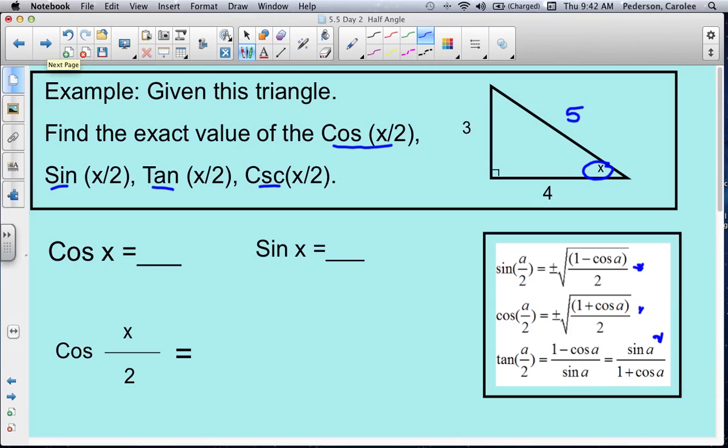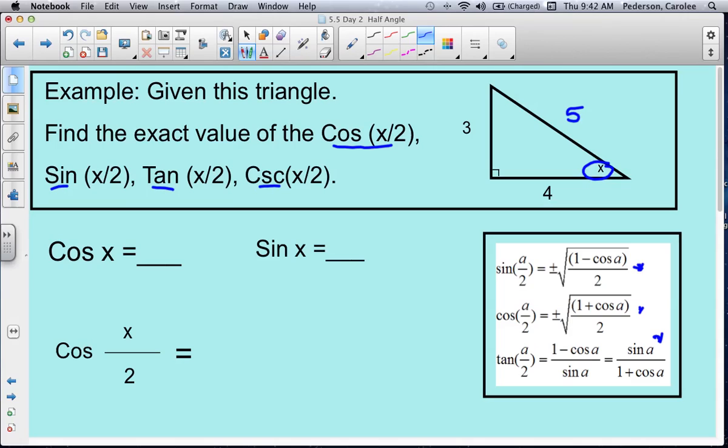So from right triangle trigonometry, what would you say the cosine of this triangle is? How do you find the cosine of this triangle? Ignoring the half angle stuff. 4 over 5. How do you know it's 4 over 5? SOHCAHTOA, opposite, hypotenuse, and adjacent are the sides we work with.